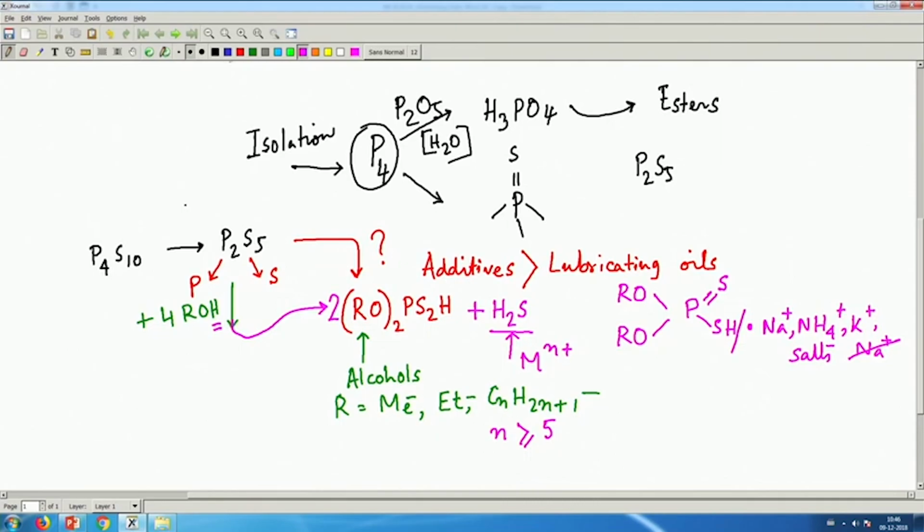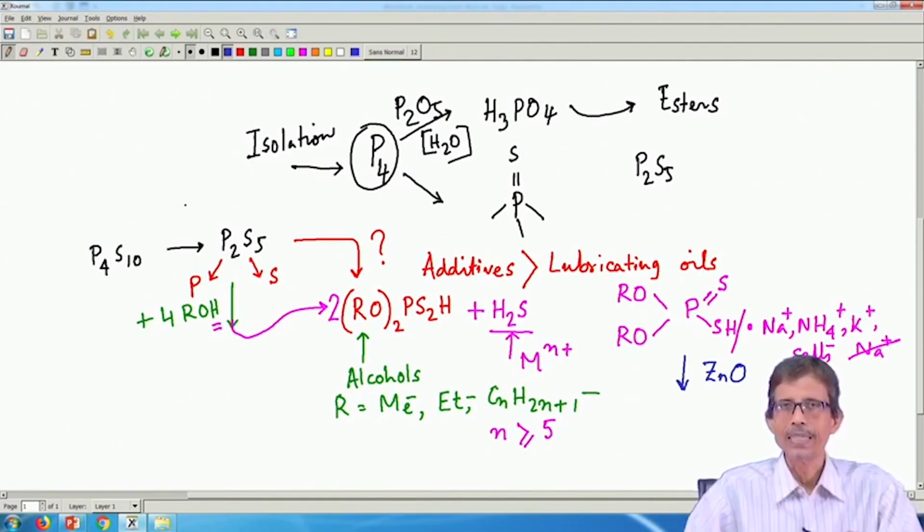So, when we allow this molecule to react directly, not with any other metal ion salt but with zinc oxide, which when we study zinc based materials is industrially important and a very useful molecule. Zinc oxide is a white powder, so it can also be used as a paint material.